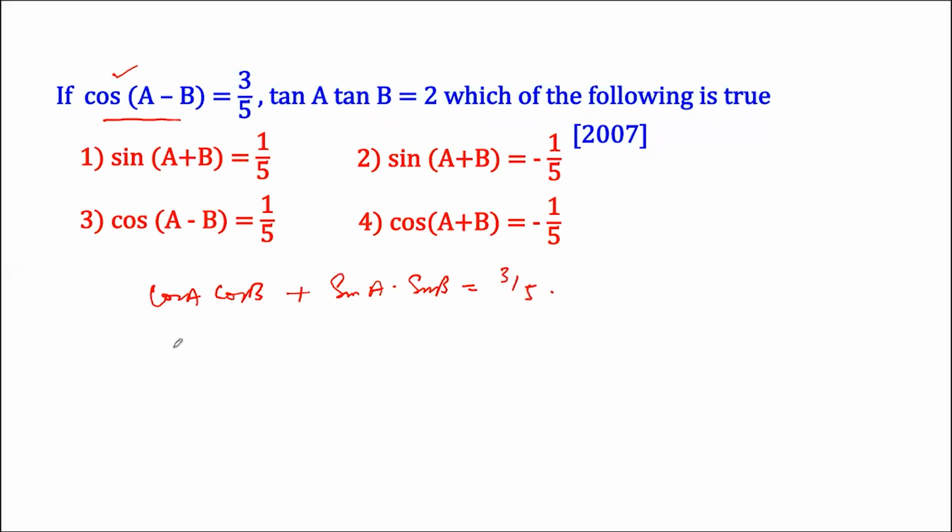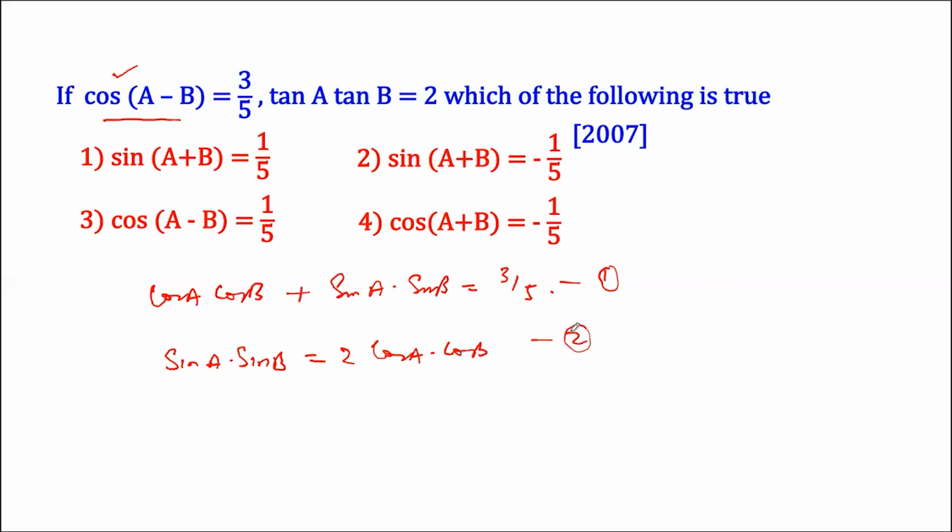And from this I can say, tan A tan B, we can also write down as sin A into sin B upon cos A into cos B, equal to 2. Just cross multiplying this, sin A sin B is 2 into cos A cos B. This is the first equation, this is the second equation.